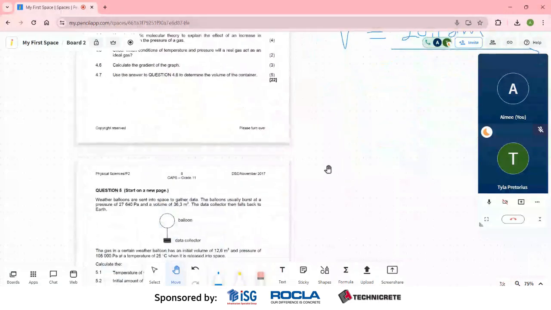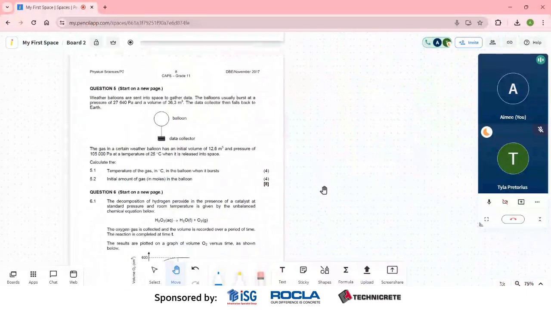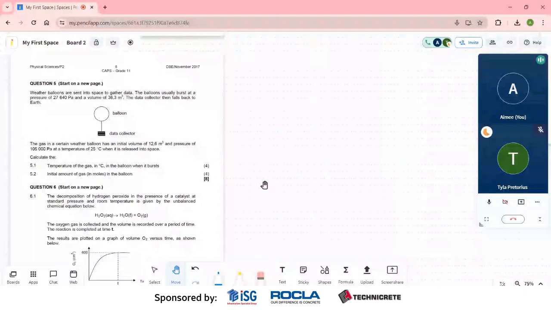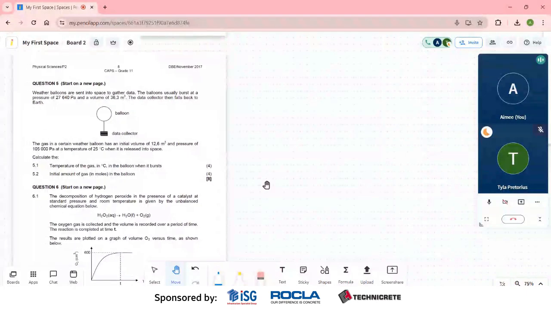Okay. Now we move on to question 5. So it says, weather balloons are sent into space to gather data. The balloons usually burst at a pressure of 27,640 pascals and a volume of 36.3 meters cubed. The data collector then falls back to Earth.